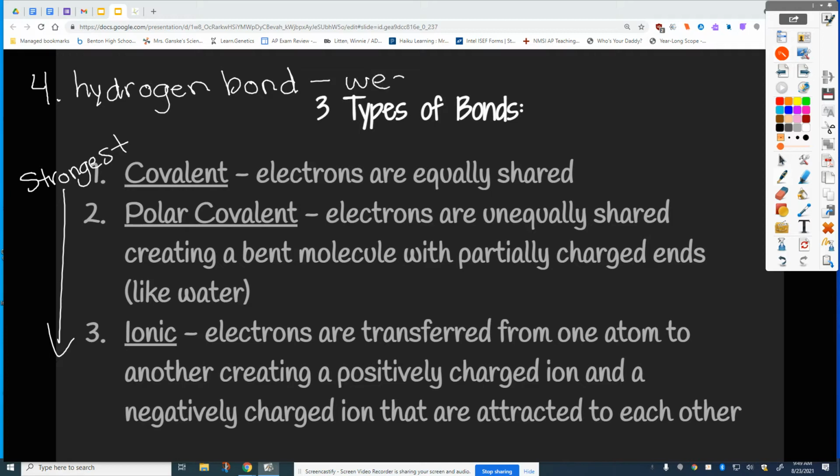And it is a weak attraction between molecules. Now these 3 are between atoms, but a hydrogen bond is a weak attraction between whole molecules, like water molecules.